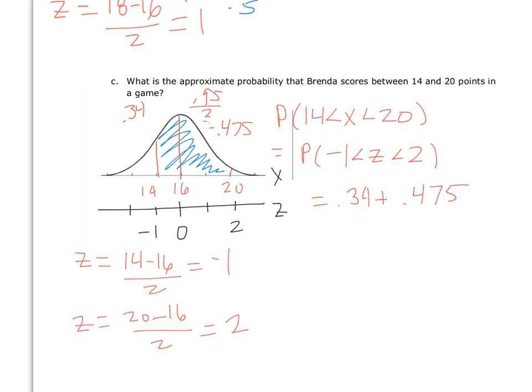That gives us an approximate area of 0.815, or approximately 81.5% of the scoring that Brenda does is between 14 and 20 points. And I should also make this approximate too, if I'm going to be consistent here. Okay, that's it for 6.1.